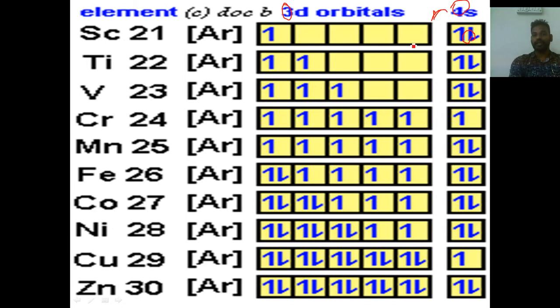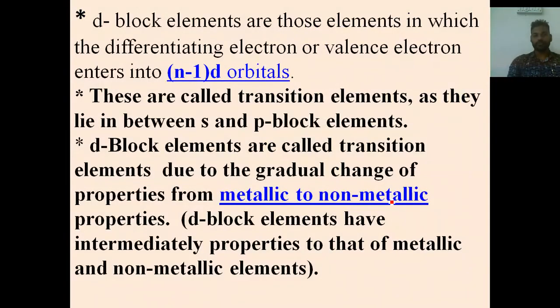When another electron is ready to add, it is added to the same 3d orbital, and the atomic number becomes 22, and then 23, and it goes on like this. So the electron is added to the n-1 d orbital. This is one example, and same for the 4d, 5d and 6d series. The successive addition takes place for the n-1 d orbital.